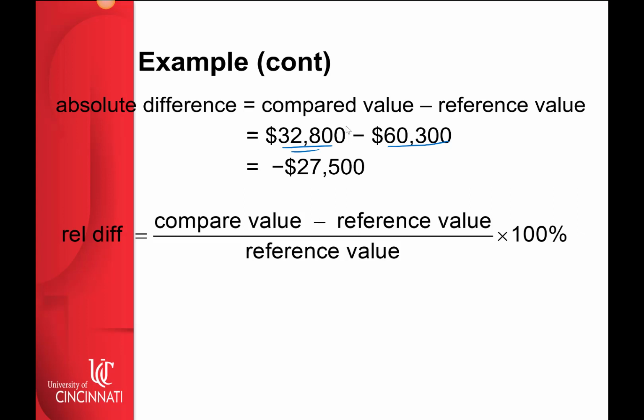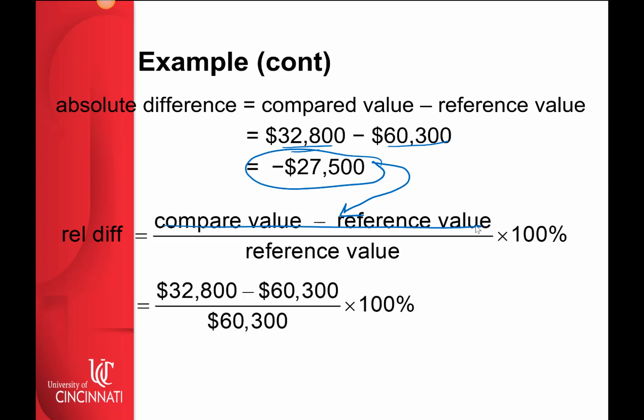Notice we're going to take this negative 27,500, and that's what's going to land here in the numerator, isn't it? So when you do the absolute difference, you've already done part of the work for the relative difference. Okay. Do the subtraction and the multiplying and all that. Holy mackerel. Big difference there in salaries, isn't there?